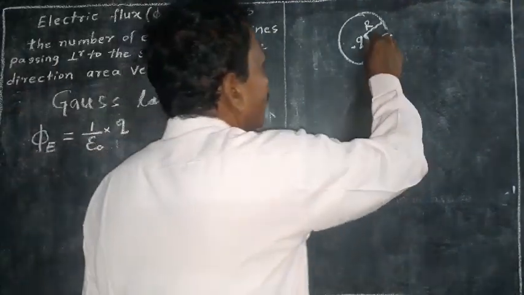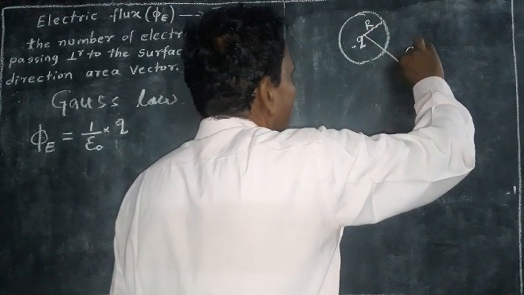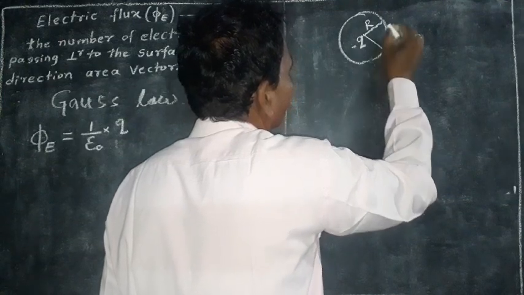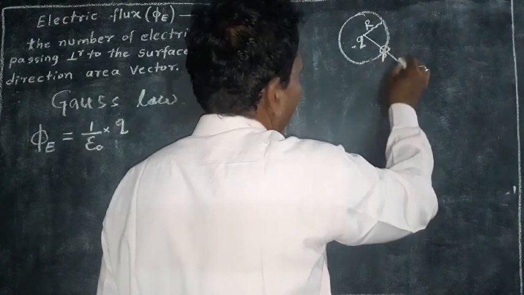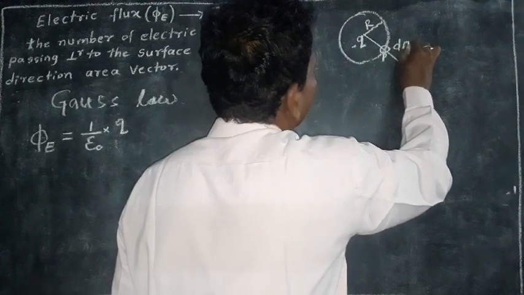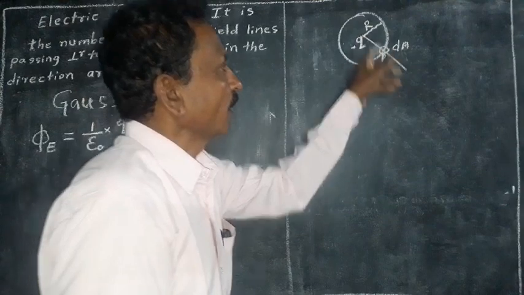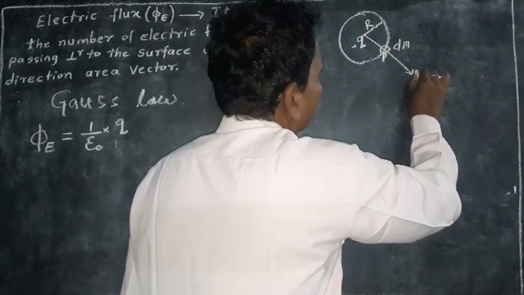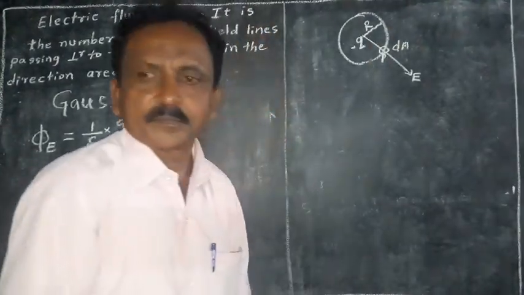Therefore, consider the field line from the positive charge passing a point P. Consider a point P of area dA or ds. Let dA be the small area of this sphere around the point P, and the electric intensity passes through this point.